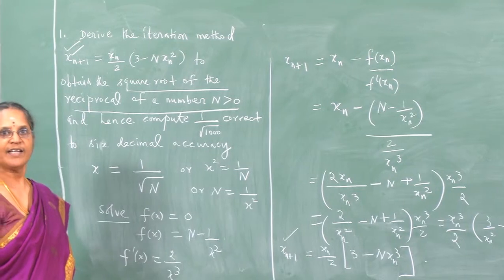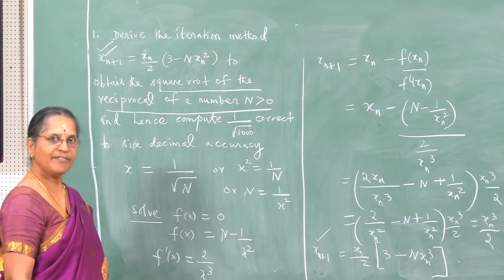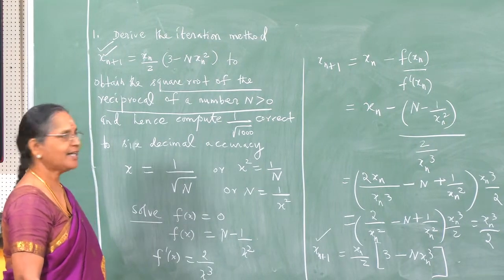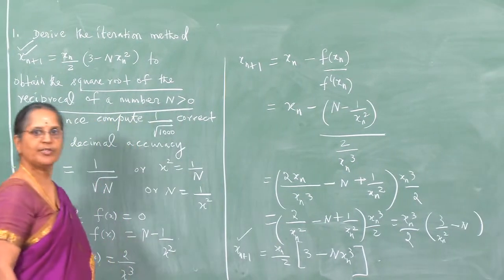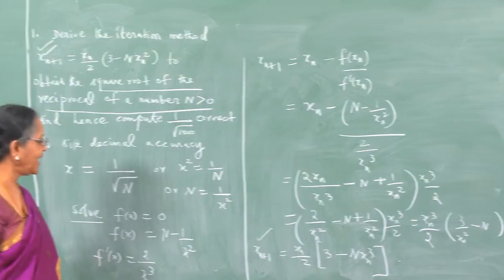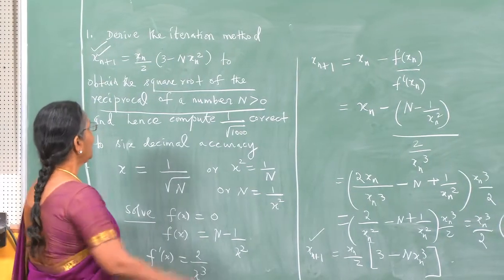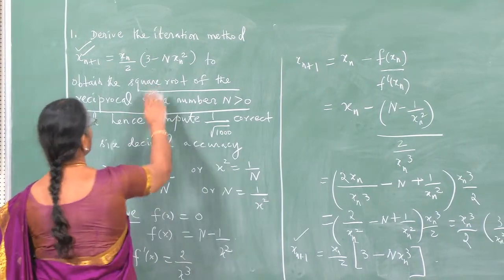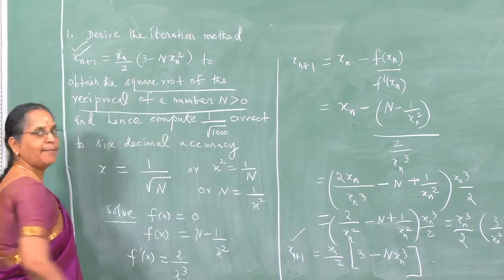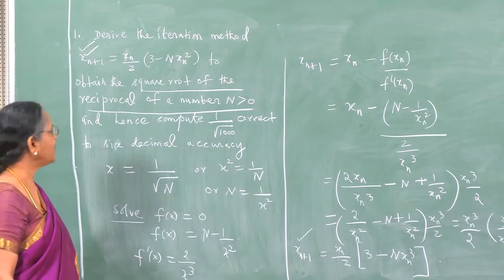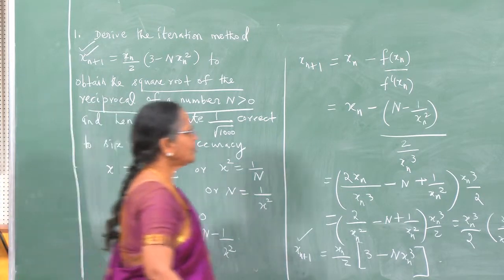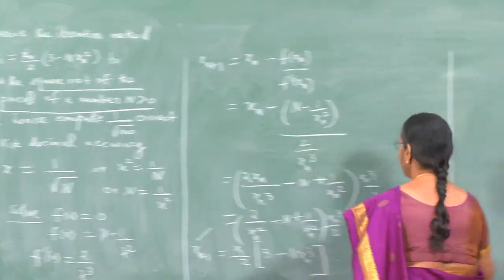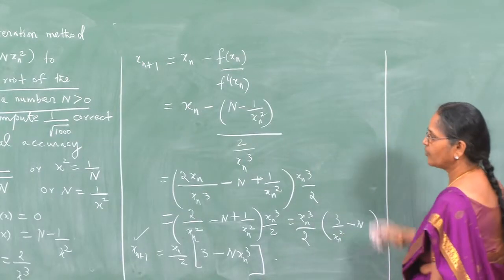So, what is it that we have developed? We have developed an iteration method given by x n plus 1 equal to x n by 2 into 3 minus n x n cubed for finding the square root of the reciprocal of a number n, which is a positive number, and we are asked to compute 1 by root of 1000 correct to 6 decimal accuracy.